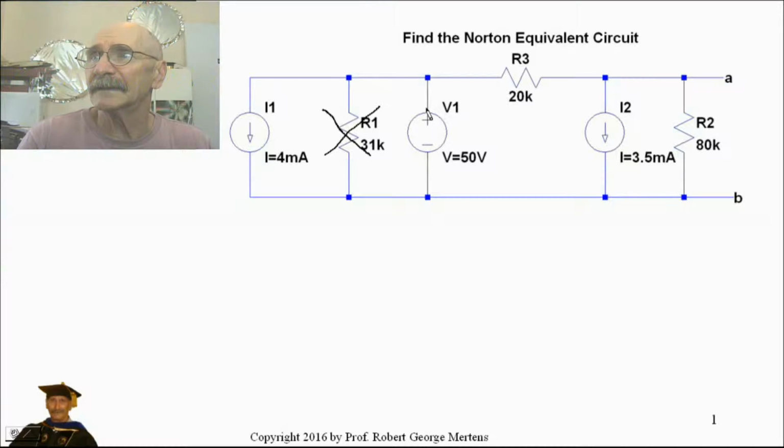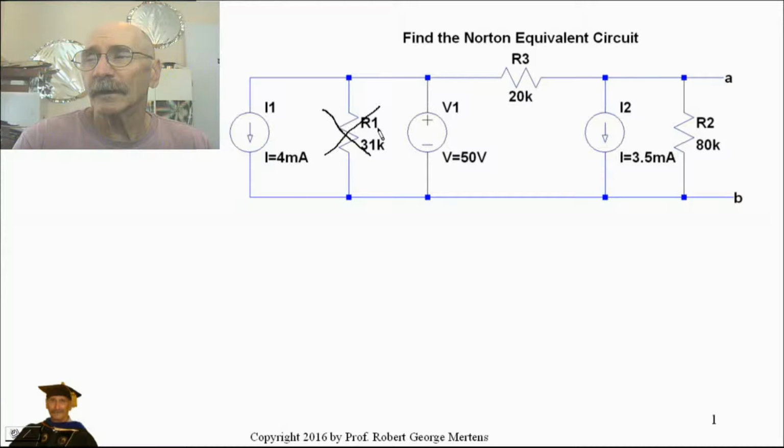It's not going to affect this output voltage or the current. So that resistor has to go. That's the first thing we're going to do about finding the Norton equivalent, getting rid of stuff that isn't going to help us find this.